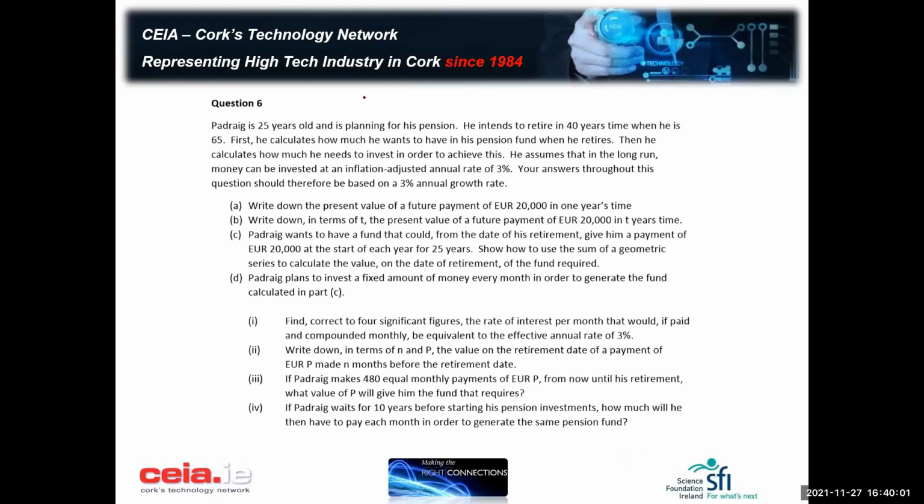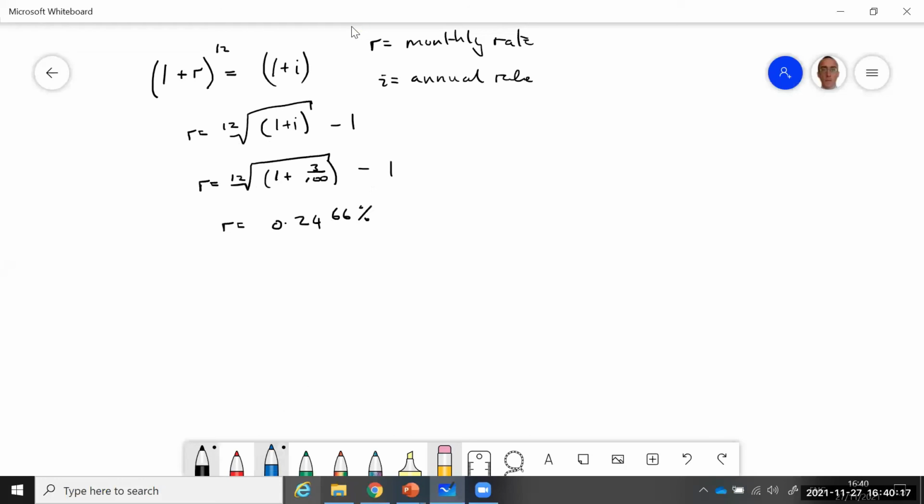Part 2: write down in terms of n and P the value on the retirement date of a payment of P euro made n months before the retirement date. Okay, so a payment P is made n months before the retirement date.